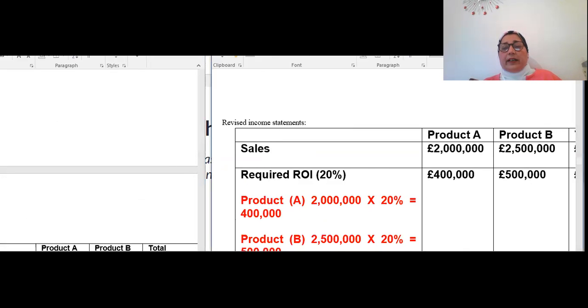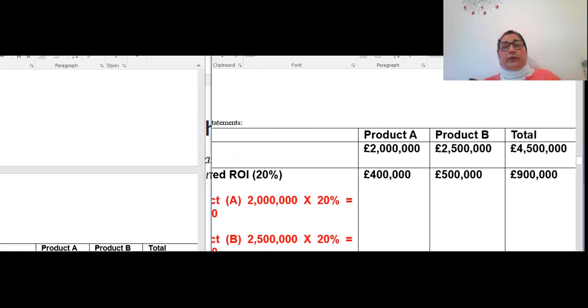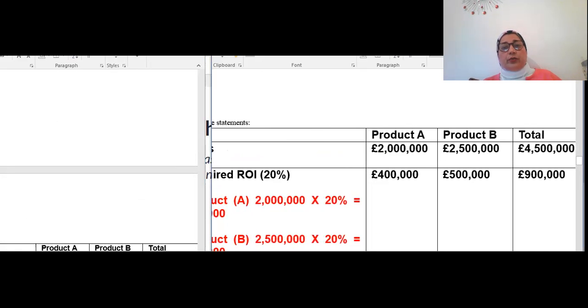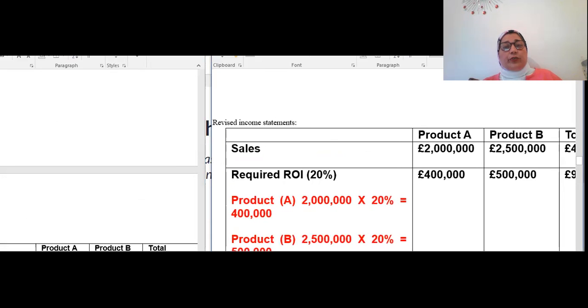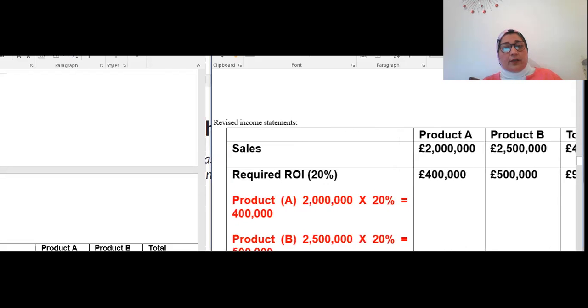So sales 2 million for product A, 2,500,000 for product B, 4,500,000 for the total. And the required rate of return for product A, we should just calculate 20% of the sales. So 20% will be 400 of sales, and 20% of the 2,500,000 will give you 500, and the total is 900.